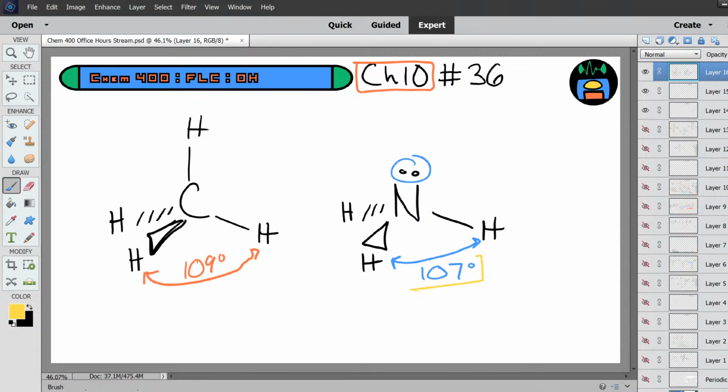And this is what they're talking about when they talk about deviations in this problem, because the bond angle for ammonia deviates from the tetrahedral bond angle of 109 degrees by 2 degrees.